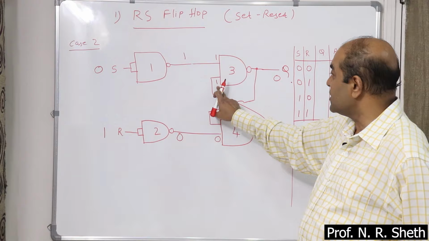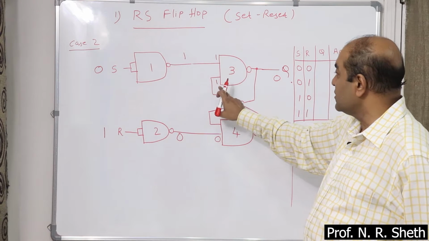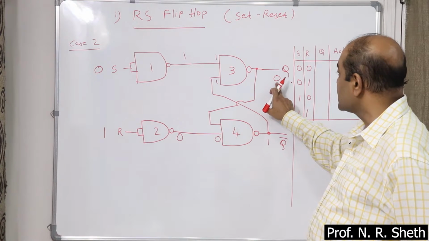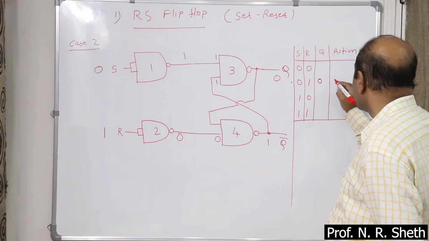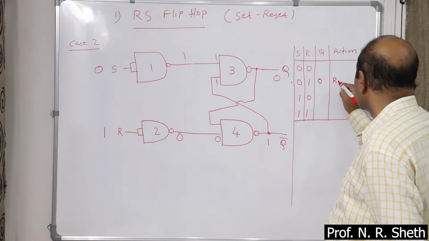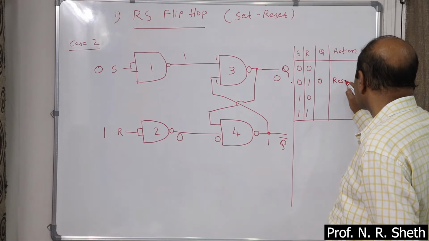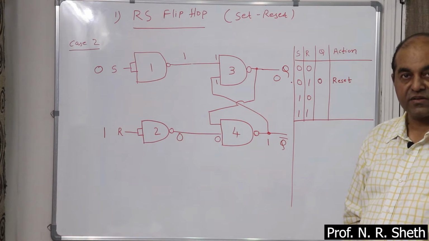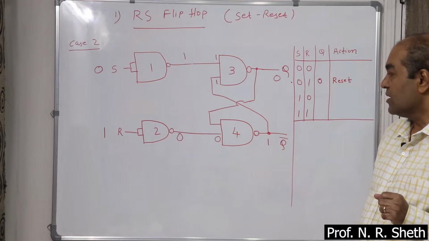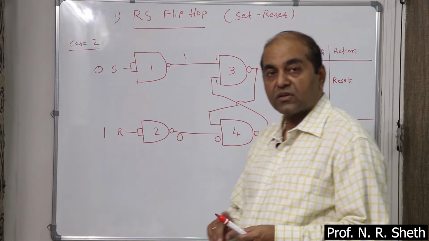This 1 shifts here, 1, 1, output is 0. So Q is 0, and we can say that the action is reset. Okay. Let's discuss the third case.